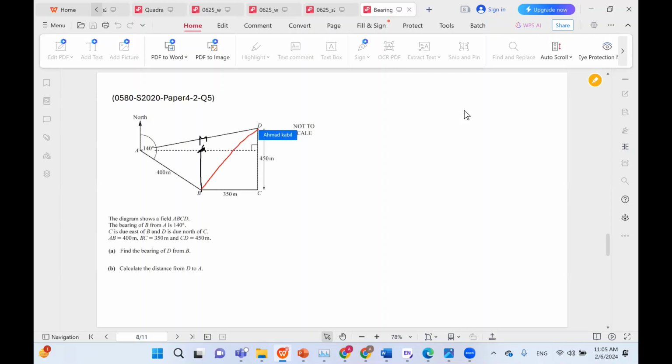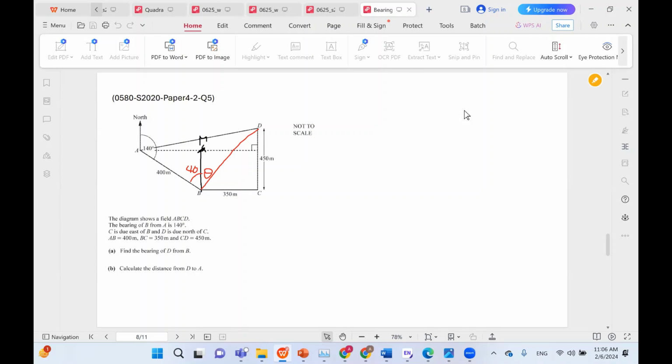We said that we want this value of theta here. In order to get this value of theta, we needed two quantities. First of all, this quantity here, which is 40. And we used co-interior angles to obtain the 40.